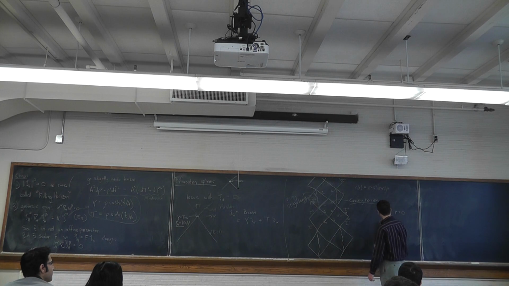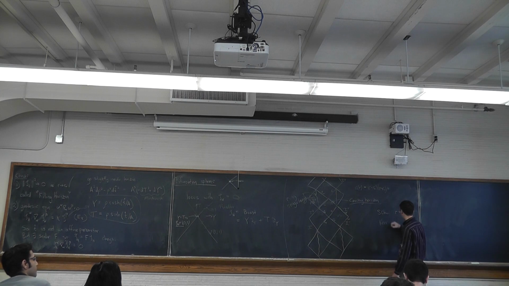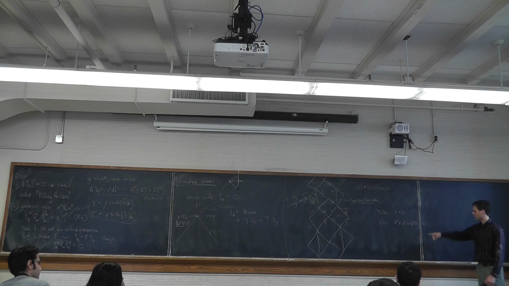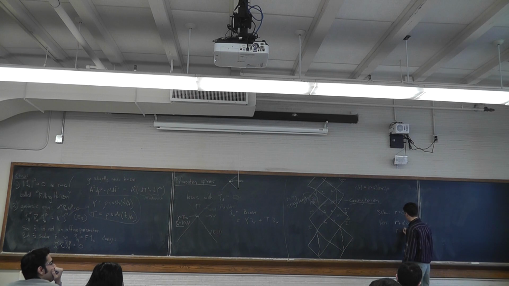For Kerr, if you look back at the coordinates that we used last time, the singularity was at this thing equals 0, which is R equals 0 and theta equals pi over 2.